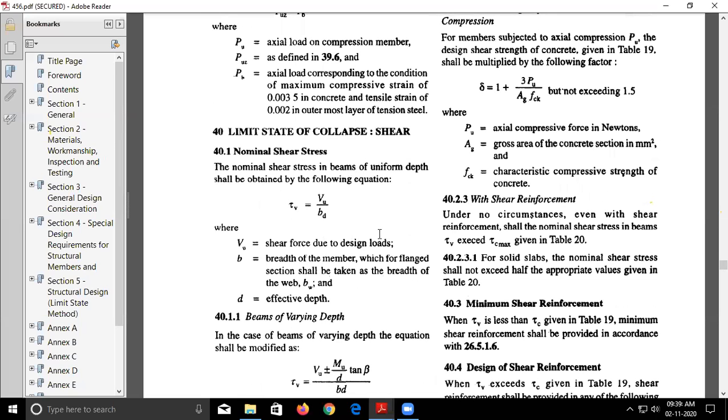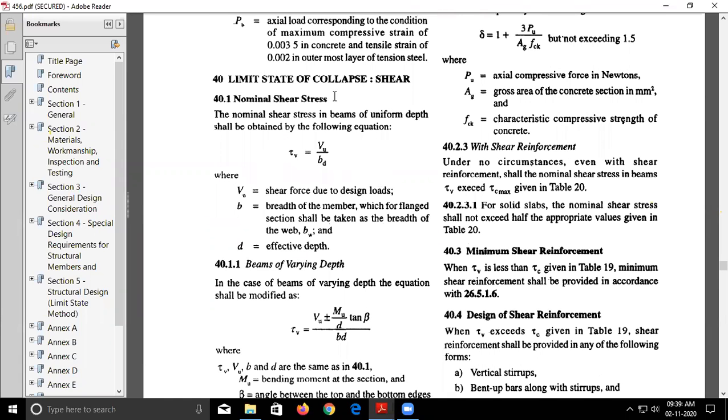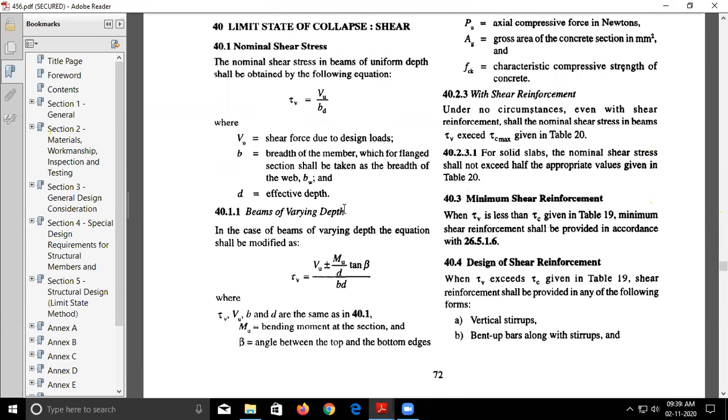So here you can see the nominal shear stress, Vu upon bd. Vu is the shear force due to design loads. Due to design loads means after applying the load factor. So this you can find in IS code on page number 72, limit state of collapse shear.